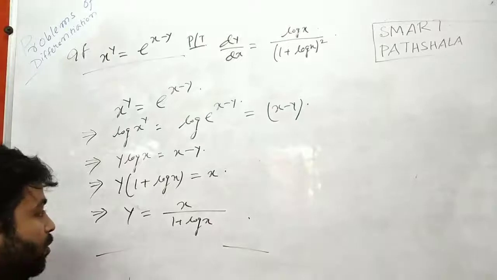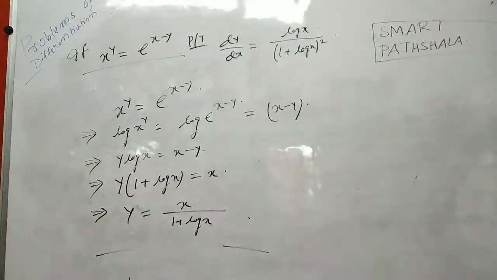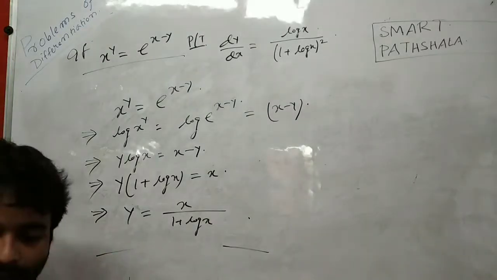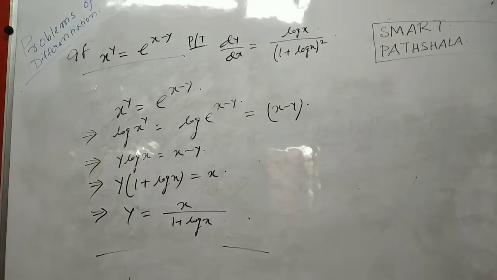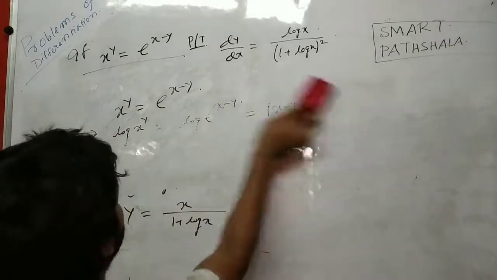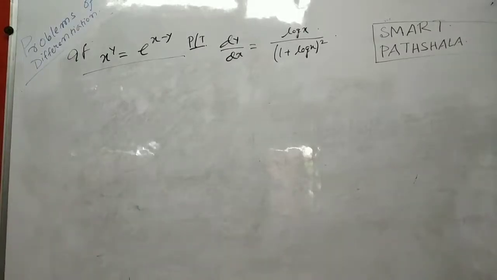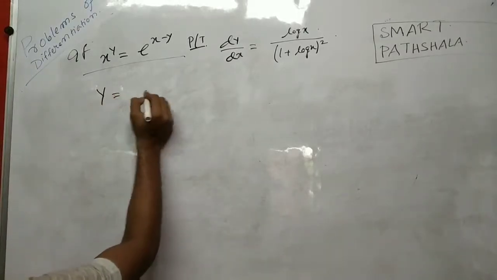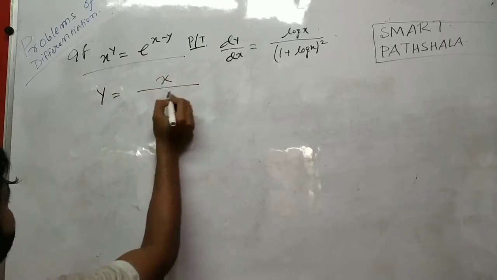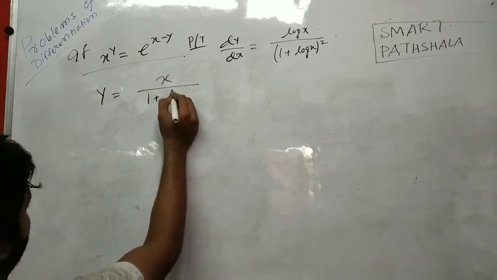So now what you need to do is only differentiate y with respect to x. So let's do that. y is equal to x by 1 plus log x, which we obtained in the previous step.